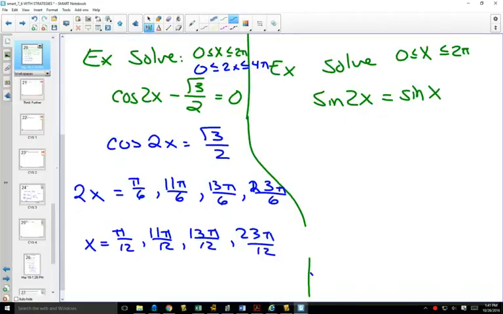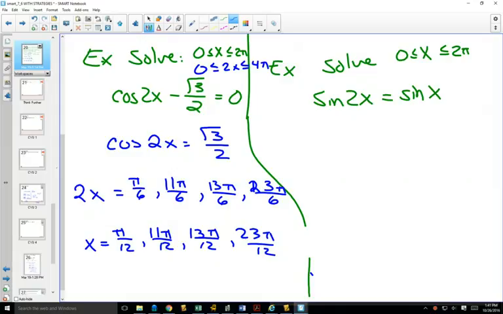And all of those answers are between 0 and 2 pi. So when the only thing you have is a double angle, it can be solved as a multi-revolution question. There are ways to solve it using substituting in your double angle formulas as well, but this is usually the easiest way.